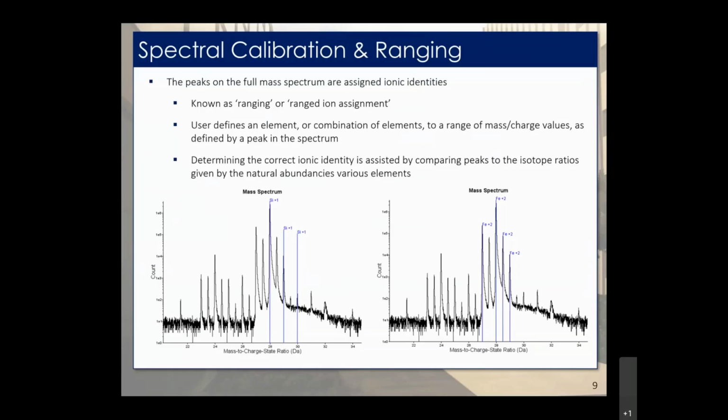Now, if we compare that to what we see with iron on the right, we see the other isotopes of iron that would appear at 27, 28.5, and 29 Dalton all have peaks that match the expected values based on the natural abundance ratios. So we can be a lot more confident in assigning those peaks to iron. Now, this is the kind of process we would repeat and continue throughout the entire mass spectrum until we've identified all the different peaks there.